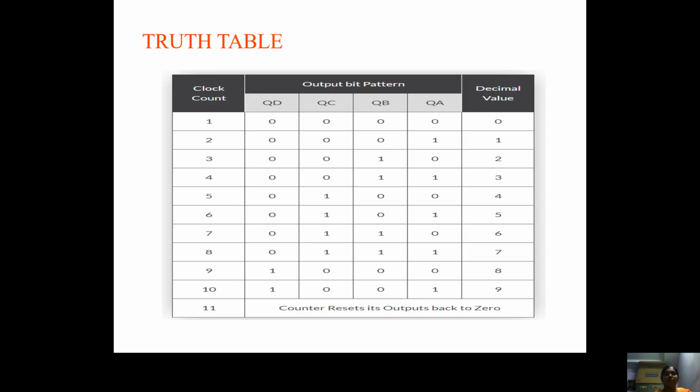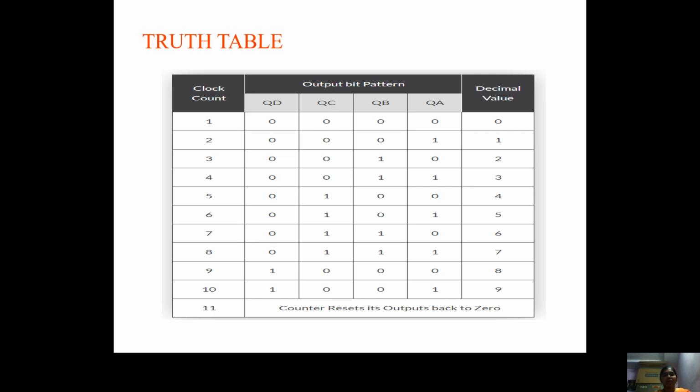So here is the truth table. The operation is similar to the asynchronous binary up counter. These are the QD, QC, QB, QA values, the output bit pattern of all the flip-flops during the first, second, third, till 10.